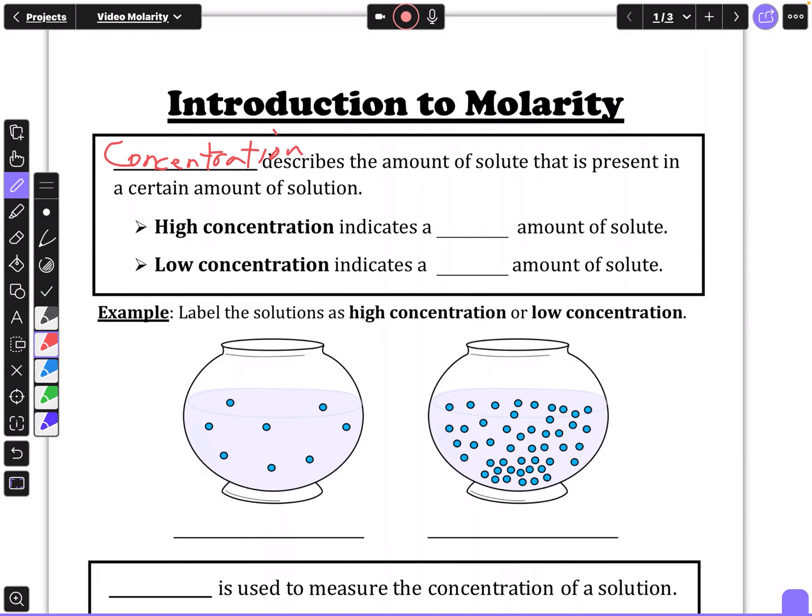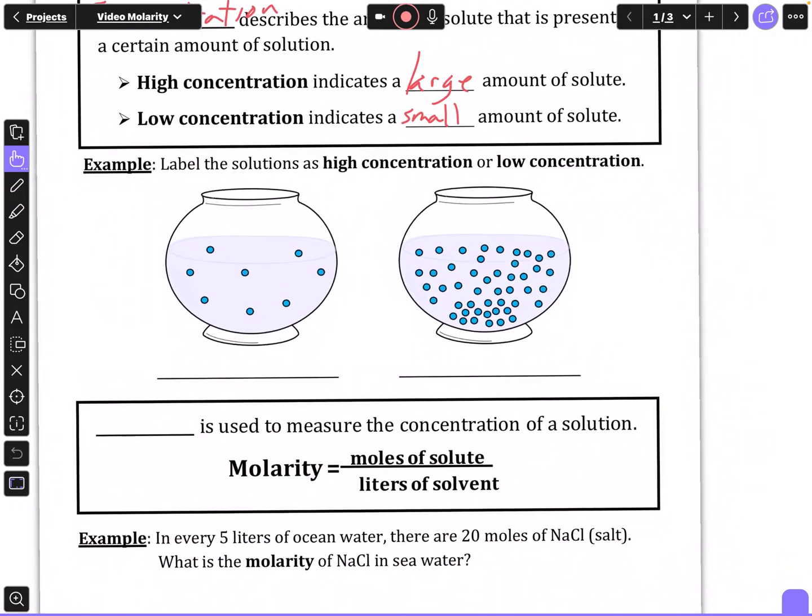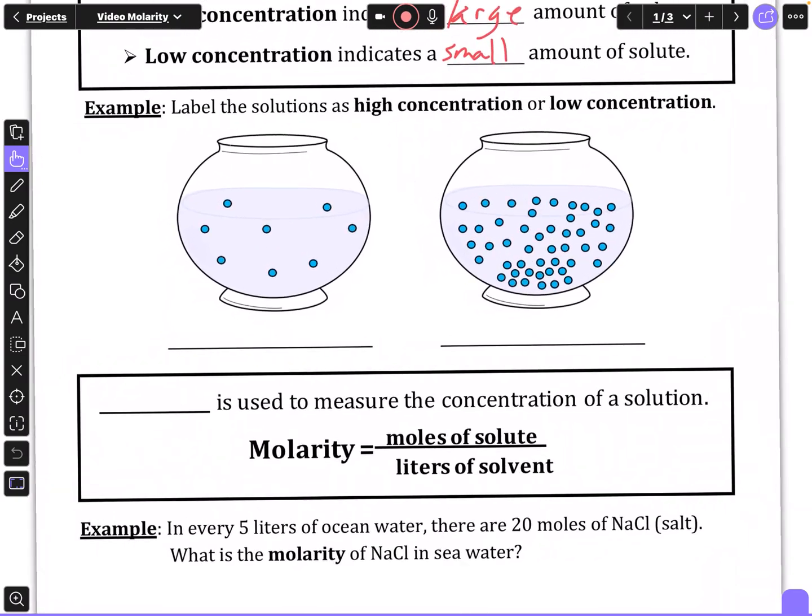Now, a high concentration indicates a large amount of solute. It's more concentrated. A low concentration indicates a small amount of solute, and it would be more diluted. Now, label the solutions as high concentration or low concentration.